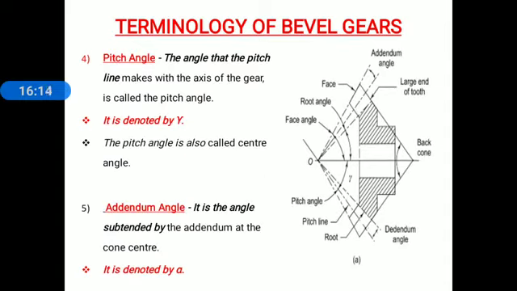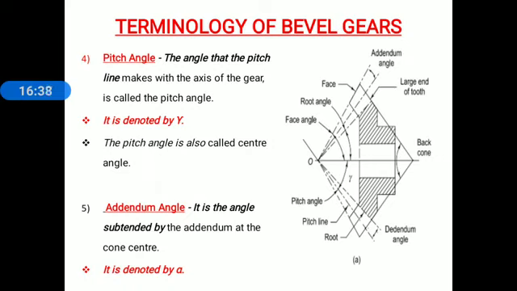Fourth point, pitch angle. Now again observe the sketch carefully. The angle that the pitch line makes with the axis of the gear is called pitch angle.